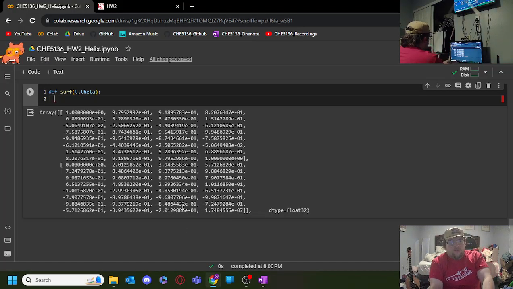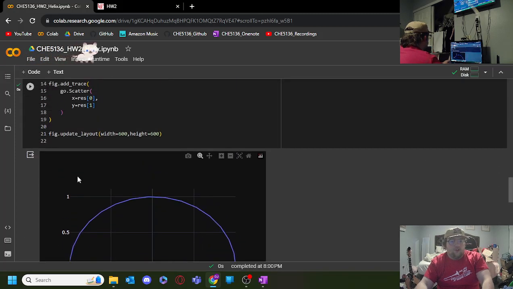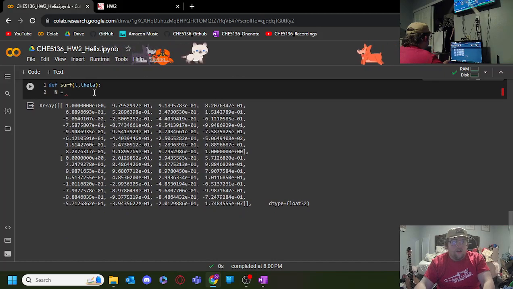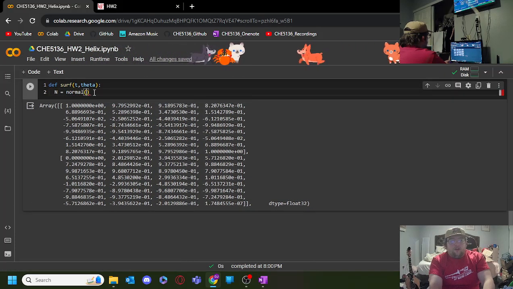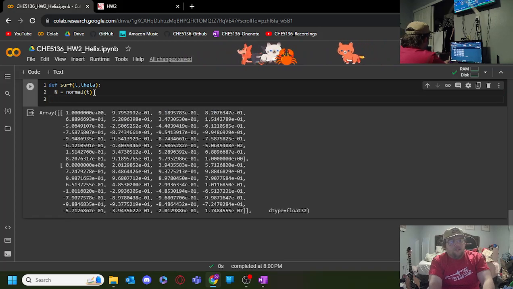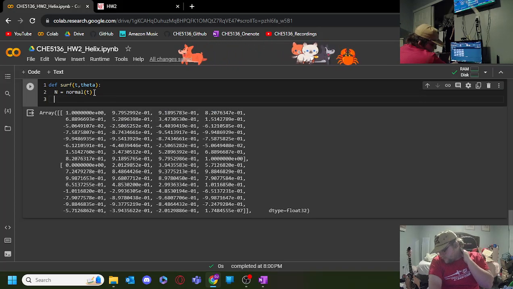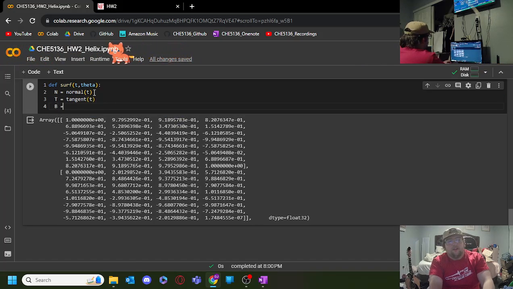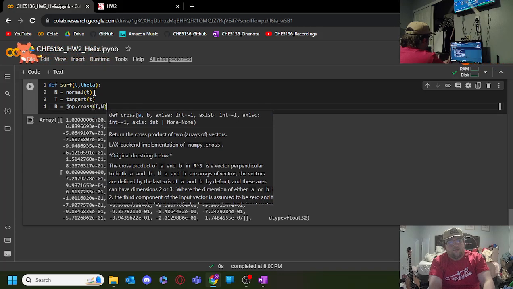So first thing we got to do is get our n, which thanks to our Frenet frame right here, we have a function for that now. Variable at some time t, and then we also got tangent at some time t, and then our binormal is going to be t cross n.